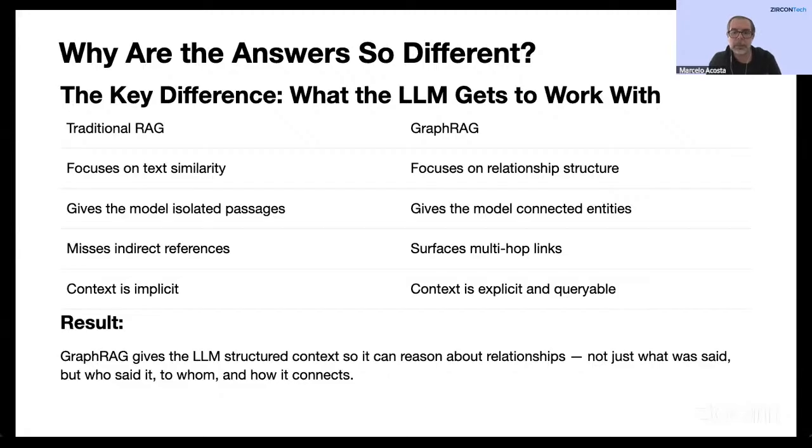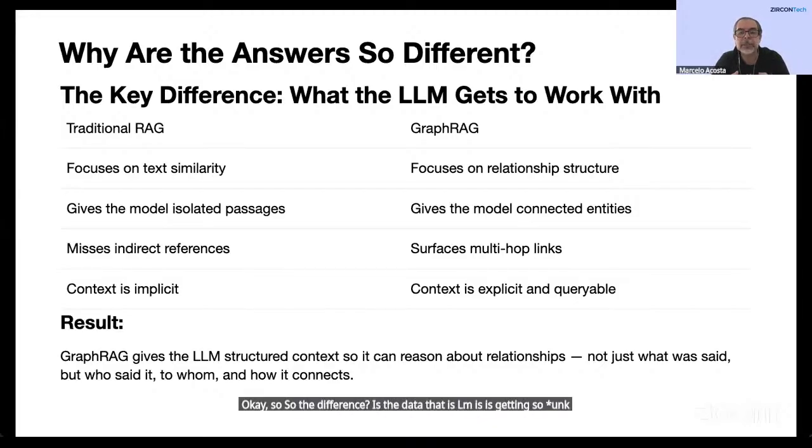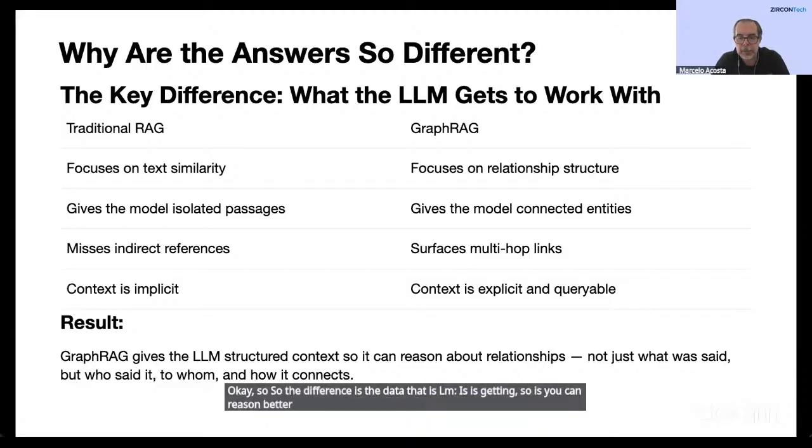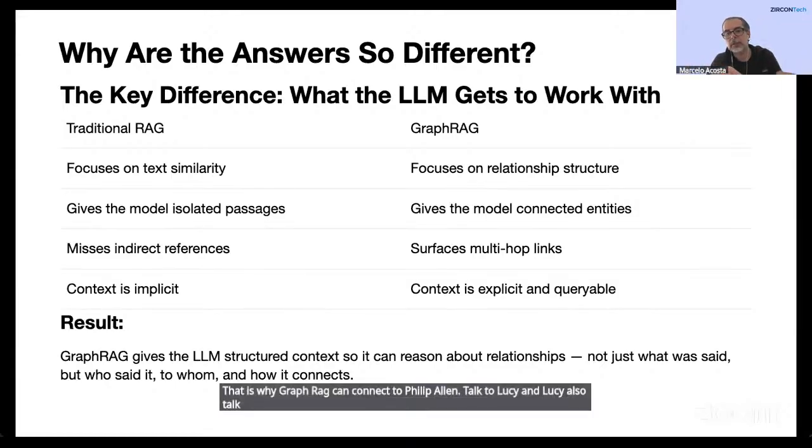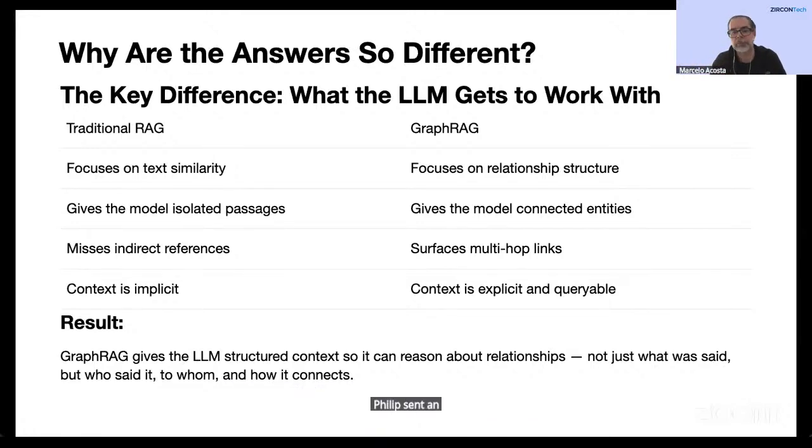Okay, so the difference is the data that the LLM is getting. So it can reason better with better data. That is why GraphRAG can connect to Philip Allen, talk to Lucy, and Lucy also talk to another person, while RAG only sees Philip sent an email to Lucy.